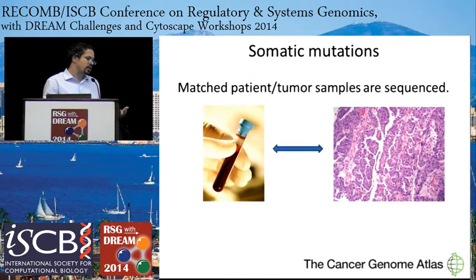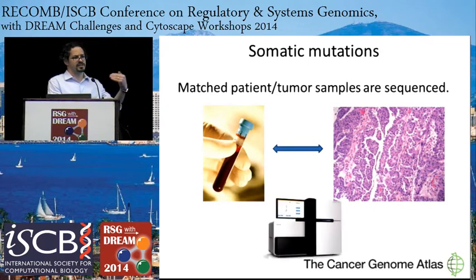And so we were very curious whether it would be possible to do this instead of expression in somatic mutations. And so somatic mutations, in case anybody here doesn't know, is when you take profiles from both the patient's tumor and the patient's blood, compare the two using genome sequencing, and look at the difference, basically.